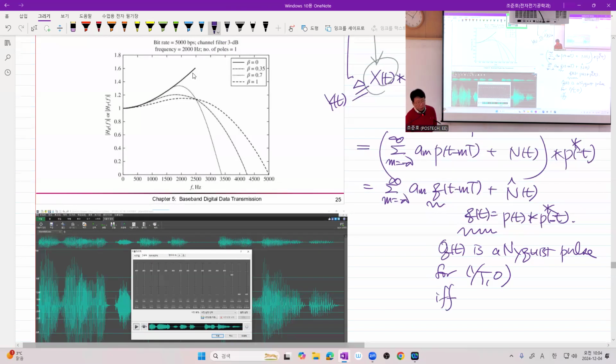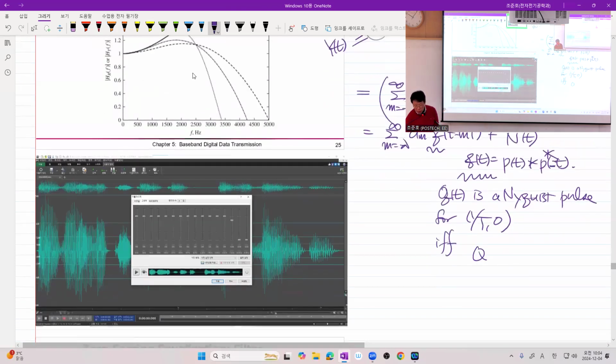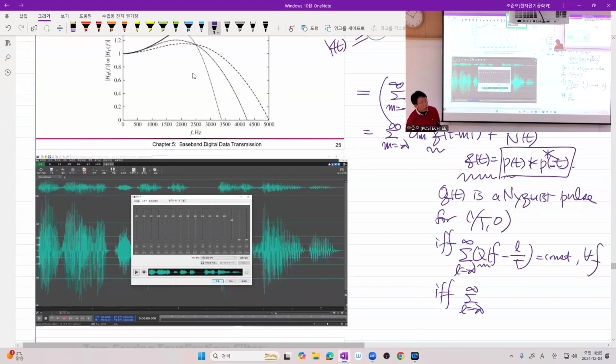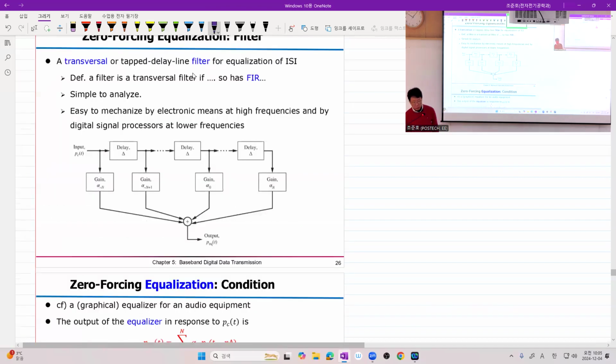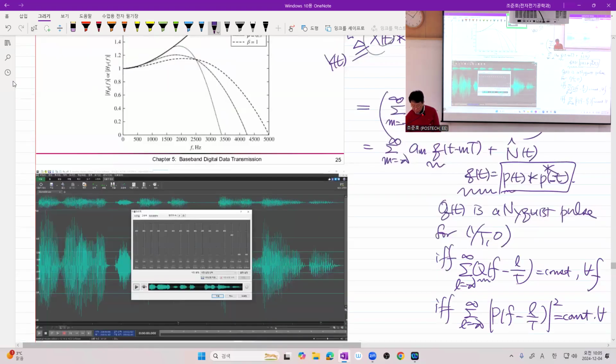If and only if, as we already know, capital Q of F minus L over T folded equals constant for all F. Now let's replace this capital Q in terms of P. Then if and only if, as you all know from the convolution theorem, this is what? The magnitude squared of P of F minus L over T folded equals constant for all F.